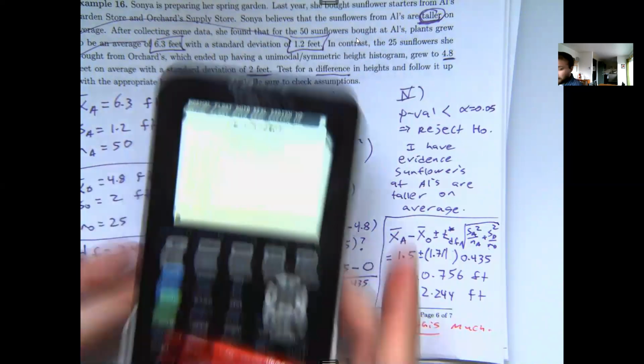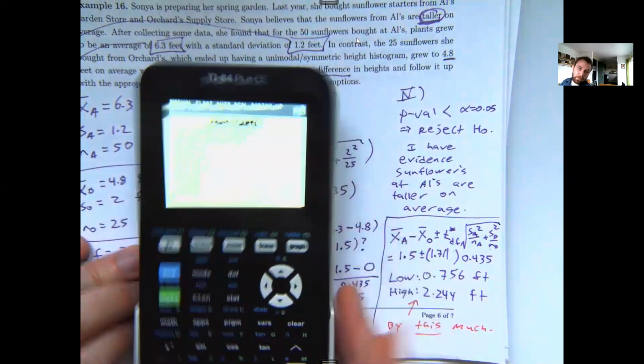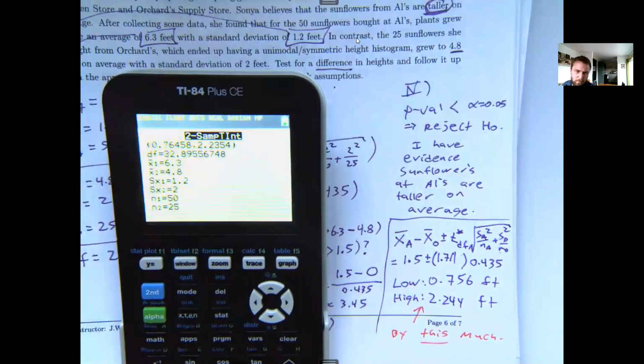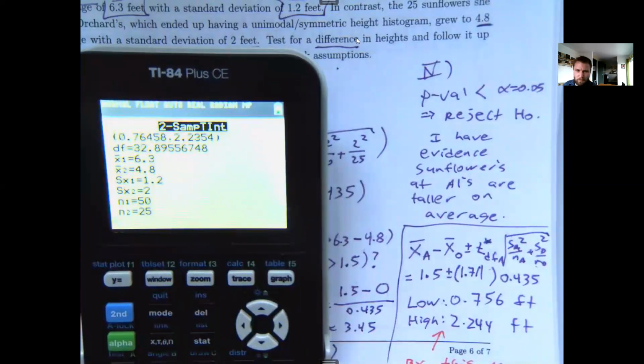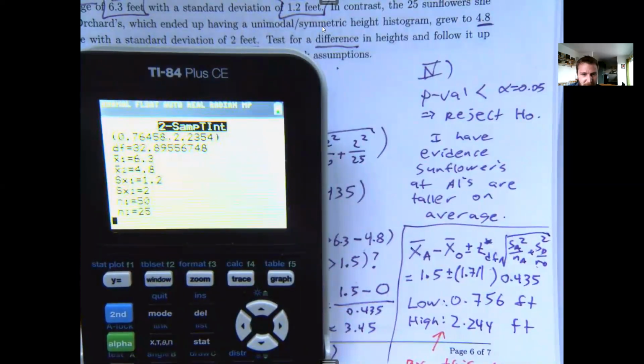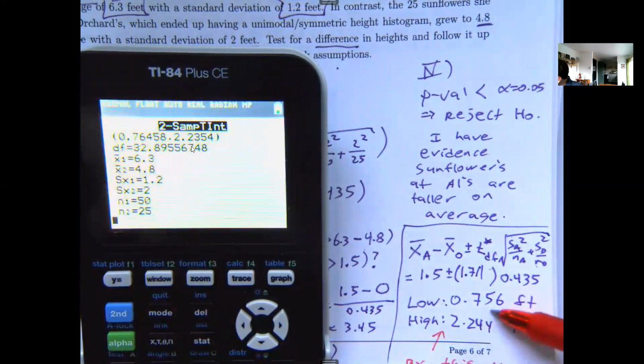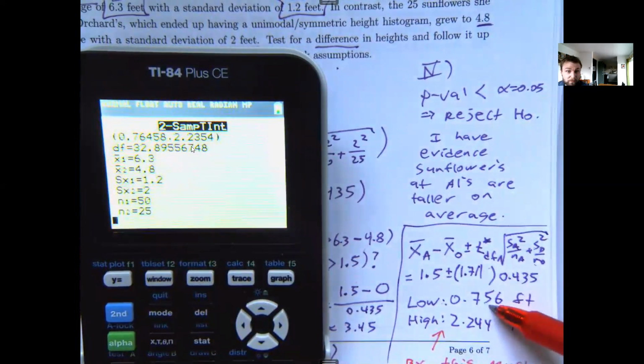When I used my calculator to come up with the values, I ended up getting 0.76 if I round, that looks pretty close, a little bit of round off error difference, up to 2.24 or so. That's really close too.